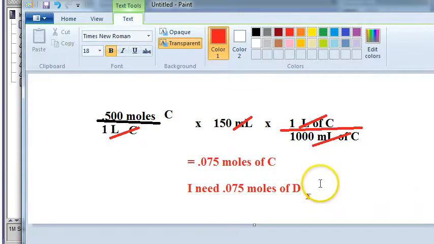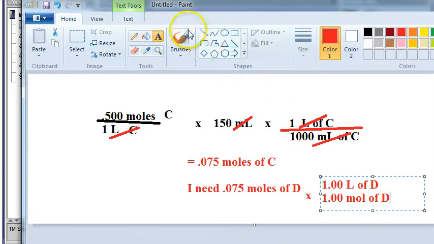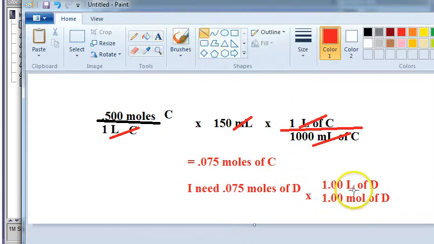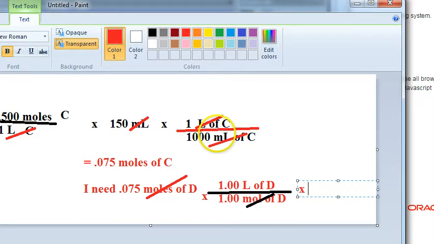1 liter of D is in 1 mole of D. See, moles of D cancel with moles of D, so you end up with 0.075 liters of D. But in this virtual lab, we're speaking in milliliters, so I'll just convert this over to milliliters. You can see what I'm doing, right?